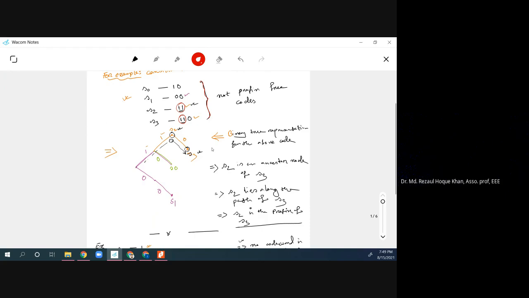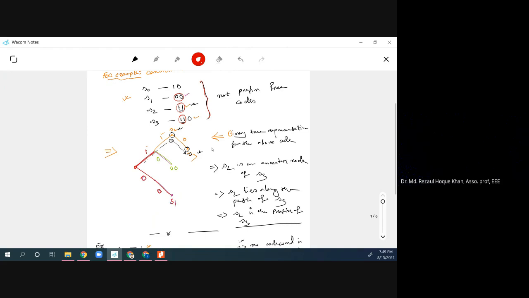So how does it start? We start from here. The upper branch goes for 1, the lower branch goes for 0. Now if we go further 0, then it becomes 0, 0. So who is 0, 0? This is S1.